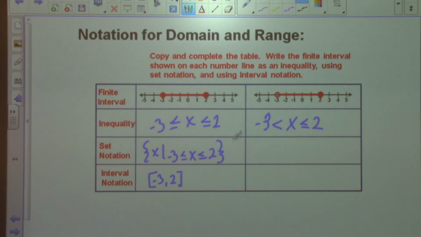Okay, and then otherwise, it's going to be similar. Down here, we're going to have negative 3 comma 2, bracketed on top, parenthesized at the bottom. We're going to have here in set notation x such that x is greater than -3, but less than or equal to 2.